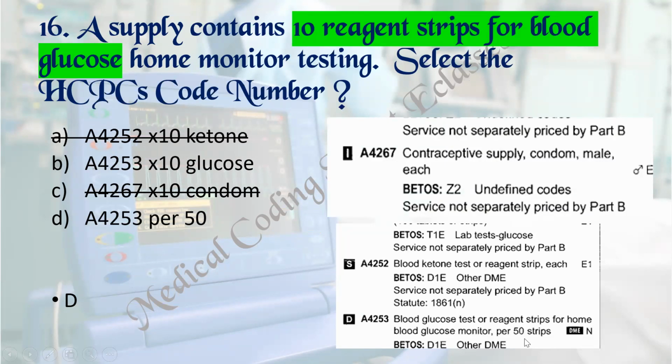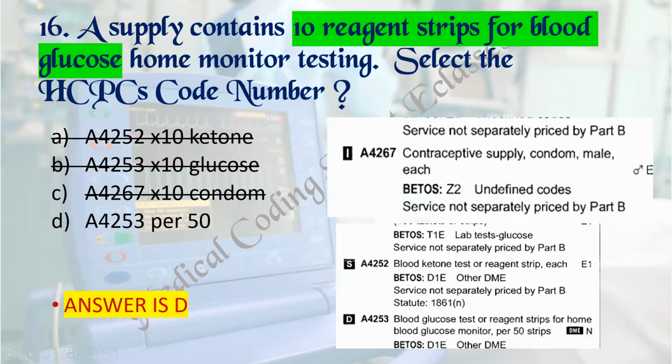Up to 50 strips we use only A4253. So we have only 10 reagent strips. So no need to report into 10 or into 5. Why? Up to 50 strips, we use the code only option D, that is A4253.